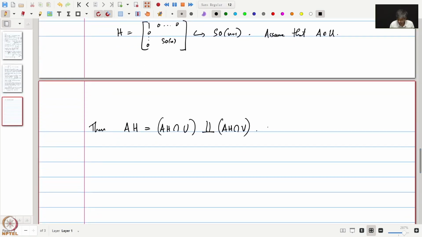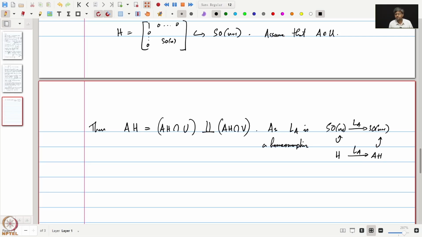Yeah. So as L_A from SO(n+1) to SO(n+1) is a homeomorphism, right, and we have H sitting over here, L_A sends it to AH sitting over here, right.